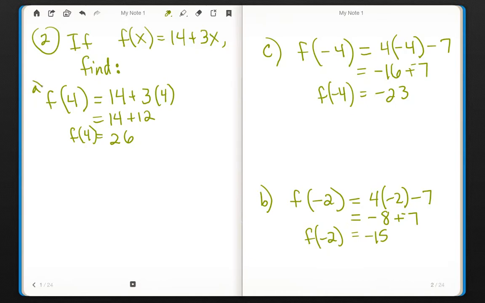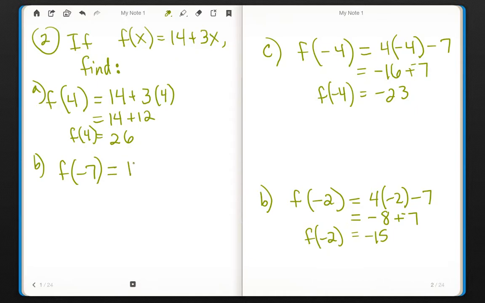Okay, we'll call that A. Let's do B. Let's find f of -7. You try it. Use this function. Okay, so go back up to what the function is given.